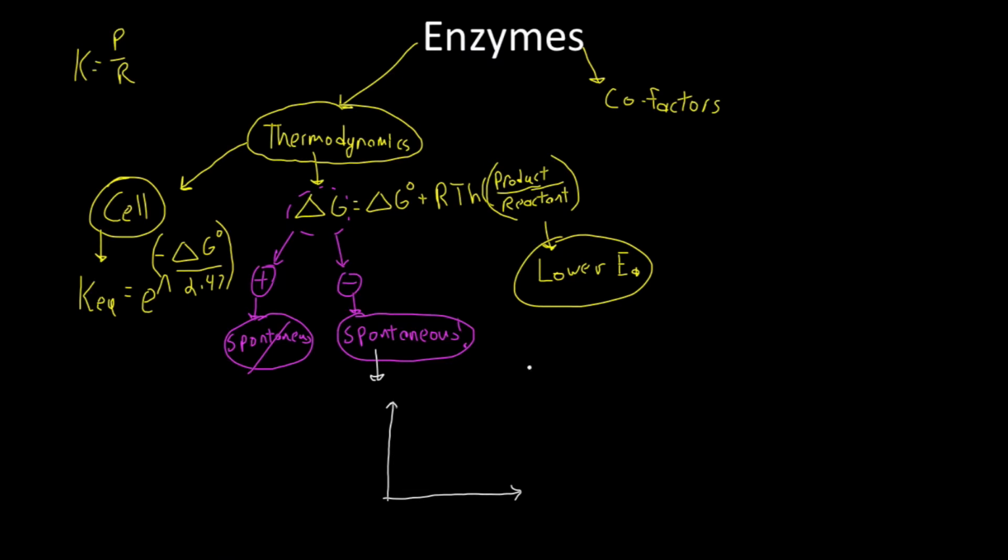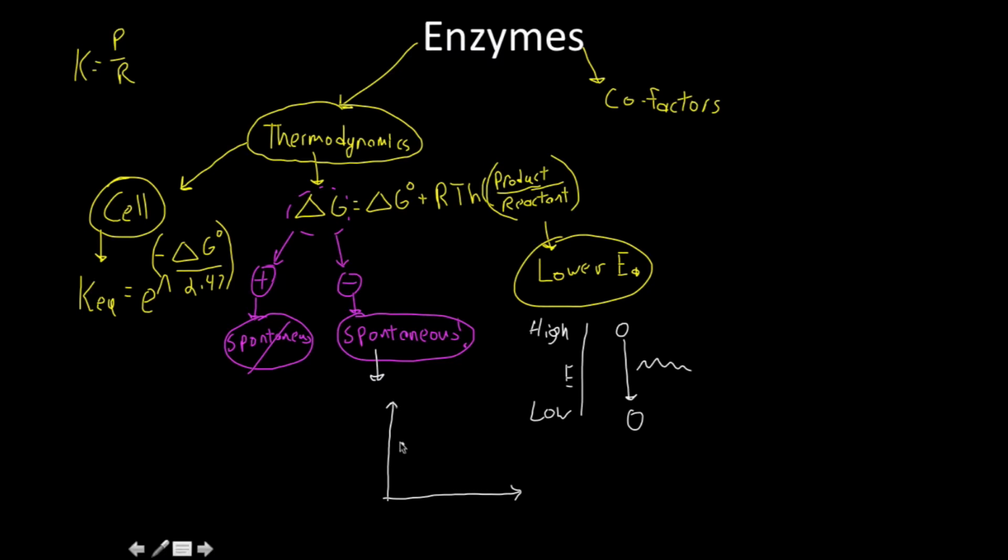As I hold the pen up high, this is high energy, and this would be low energy. I'm holding it up here, it's at a very high energy state, it has a lot of potential energy, and as I drop the pen and it falls, it goes down to a low energy state, and in the process, that potential energy that it had up here was converted to kinetic energy.